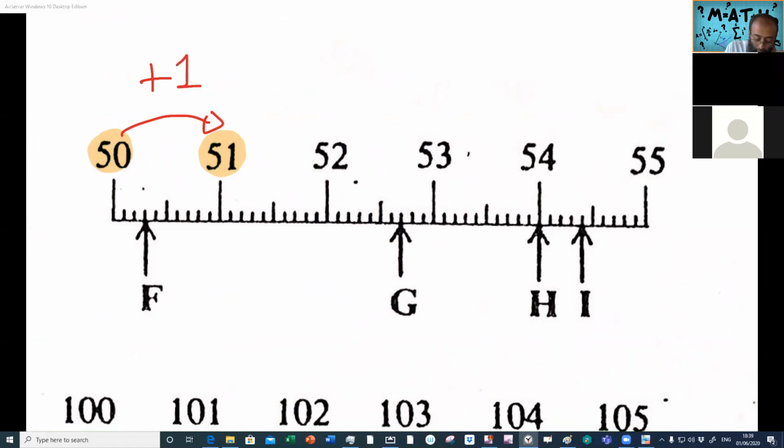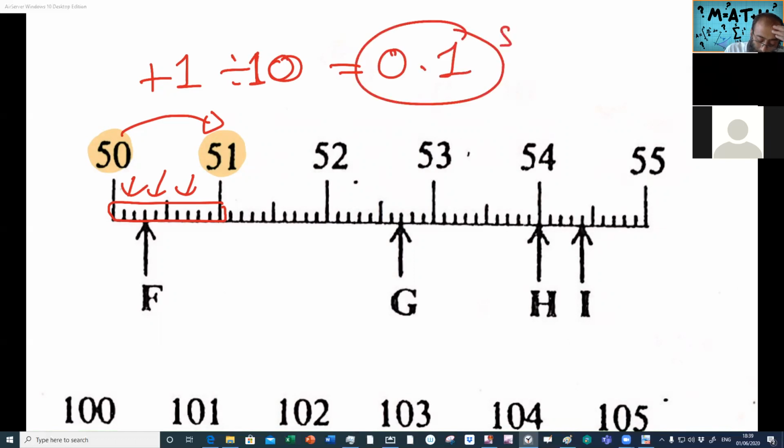We're adding 1. How many little gaps are there? 10 little gaps here. So what's 1 divided by 10, Iman? 0.1. Beautiful. So we're counting in 0.1s. So what's F going to be?